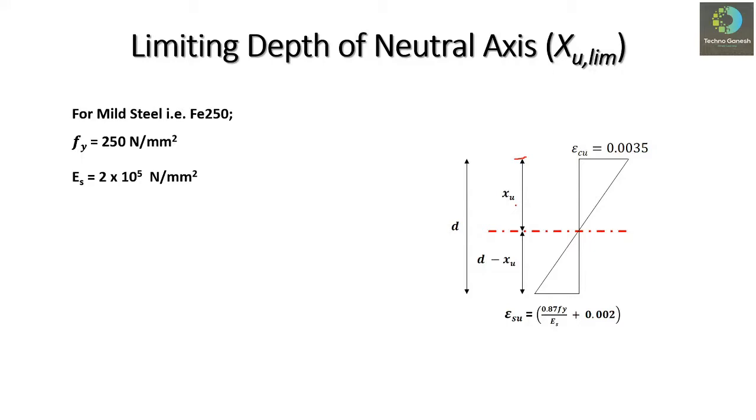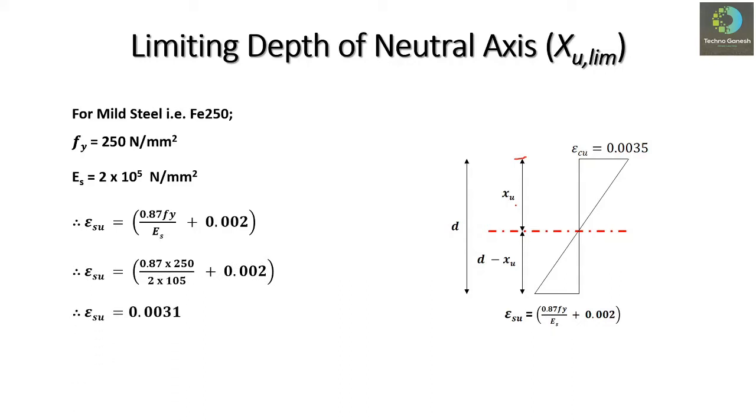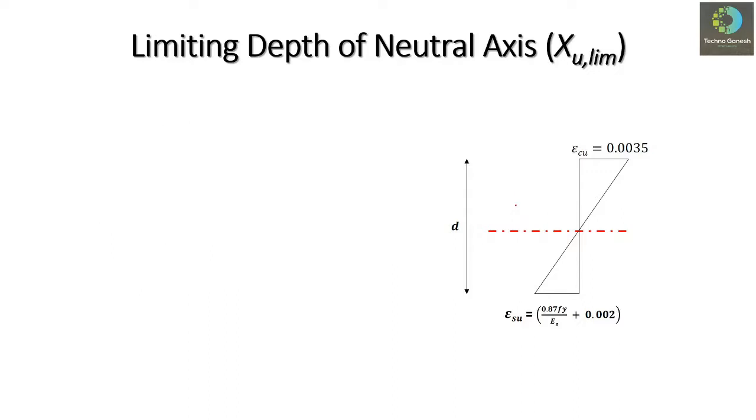Using these values, let us calculate the ultimate strain in steel, epsilon su, using the relation 0.87 fy upon Es plus 0.002. By putting the values of fy and Es, we get the value of epsilon su as 0.0031.